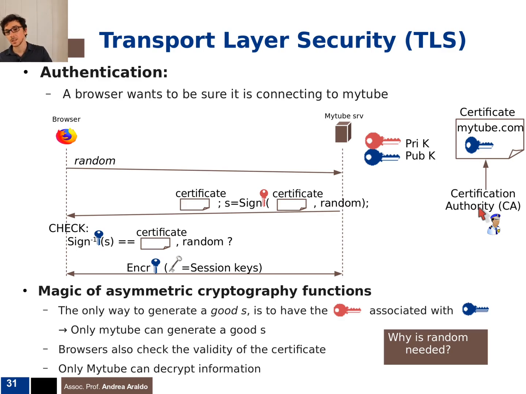There are few certification authorities on the internet, and their role is to sign certificates, in other words, to declare certificates correct or not. How do they do it? They just apply a signature as well, using their own private keys.